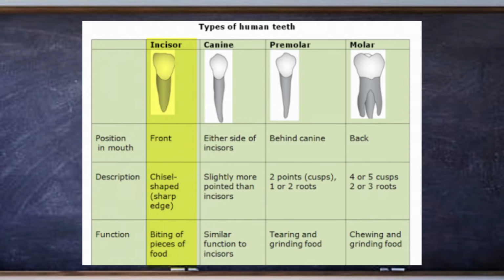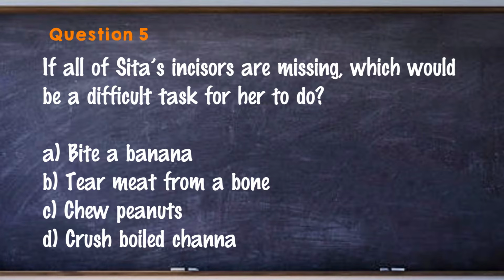Canines also allow us to bite, but they're shaped pointedly because they also allow us to tear. The premolars allow for tearing and grinding of food, while the molars allow for chewing and grinding of food as well. Now, with that being said, which one of these tasks do you think Sita would not be able to do because she has no incisors?